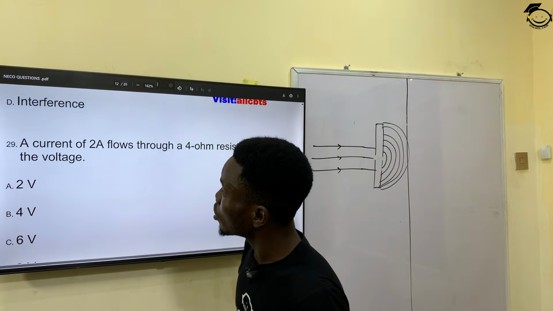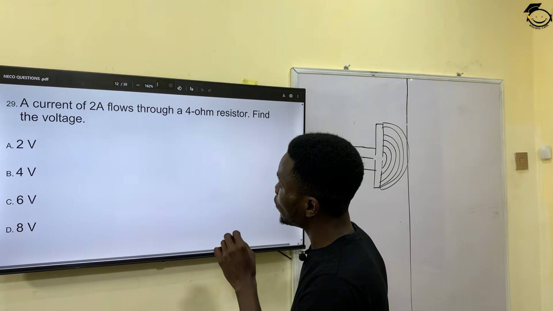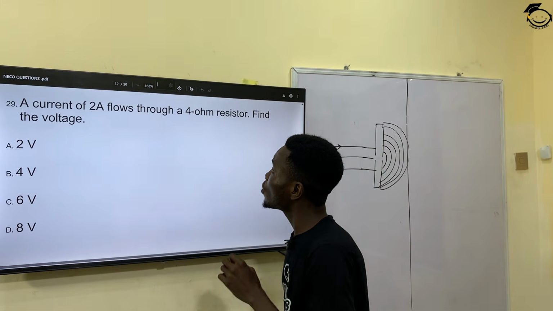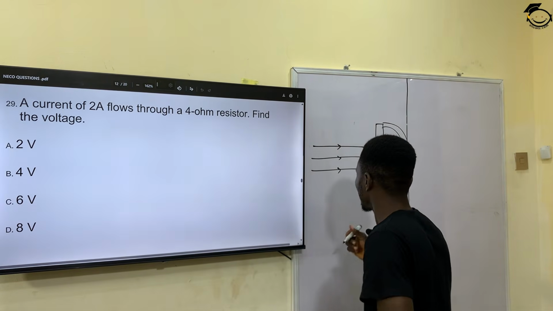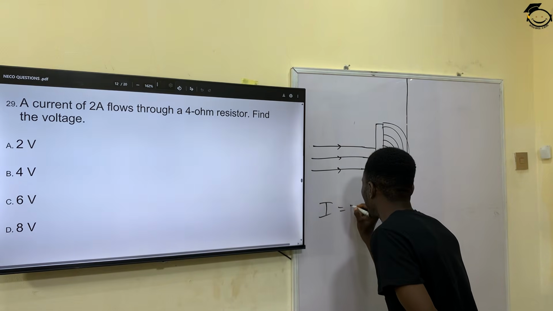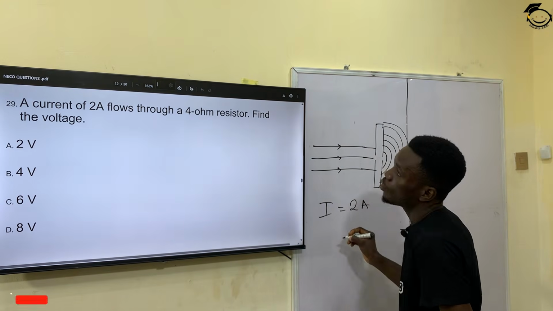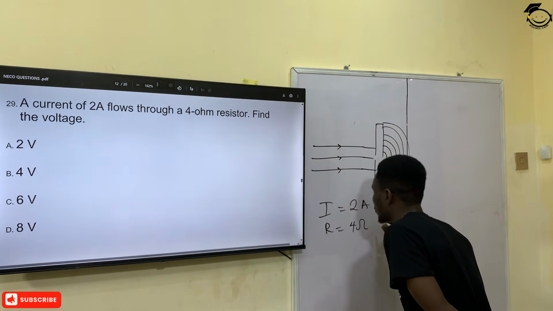So that takes us to question number 29, which says a current of 2 ampere flows through a 4 ohms resistor. Find the voltage. So in the question, they told us that we have a current I of 2 ampere and it flows through a resistance of 4 ohms.